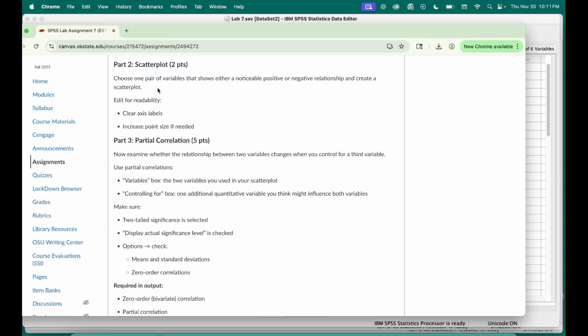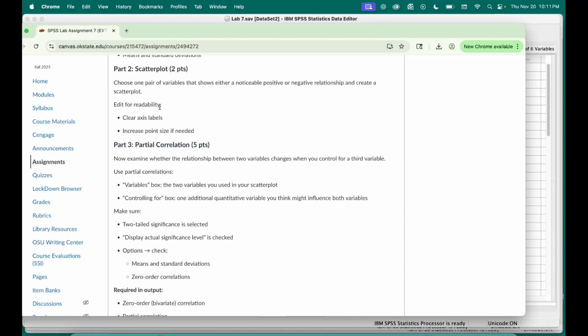So if something's like 0.06, you can say it's trending or marginally significant, as an example. And again, I'm saying that because I don't know how many of these are actually significant. So essentially, based on the ones you run, you should choose one that is either significant and interesting to you, or marginally significant or trending in that direction.